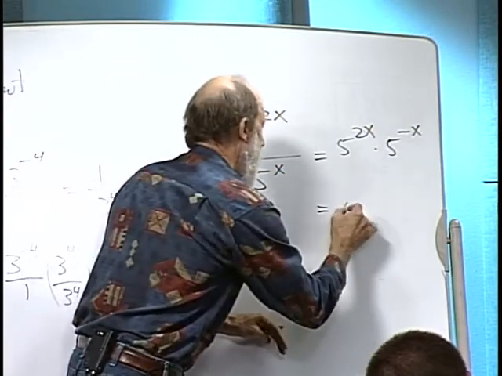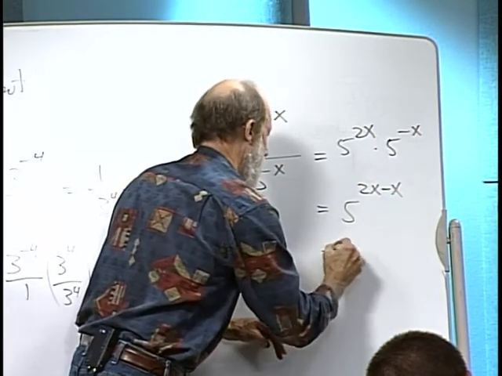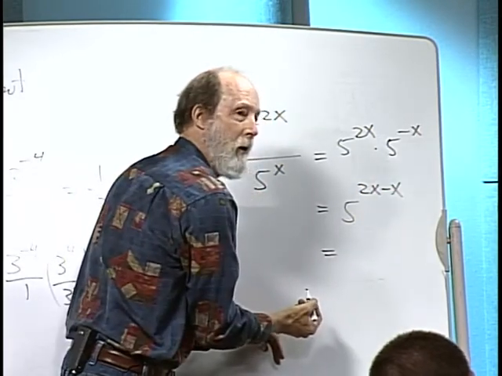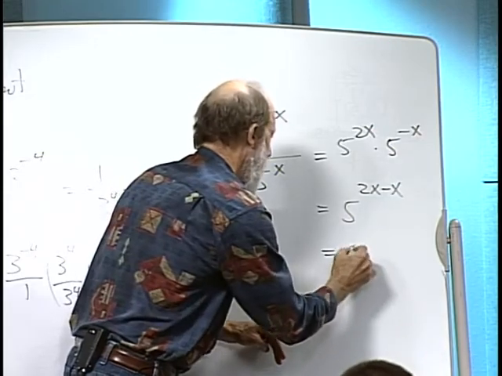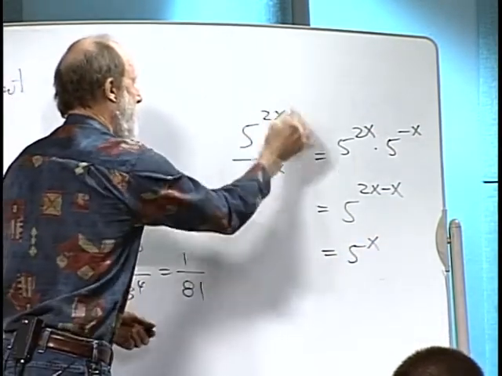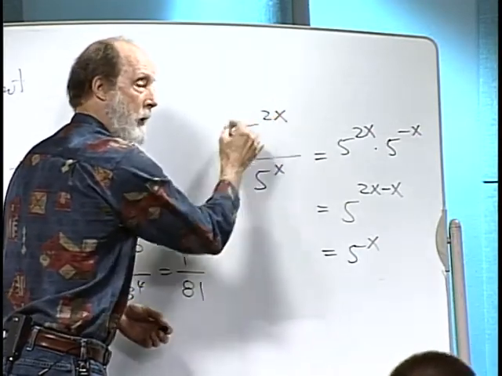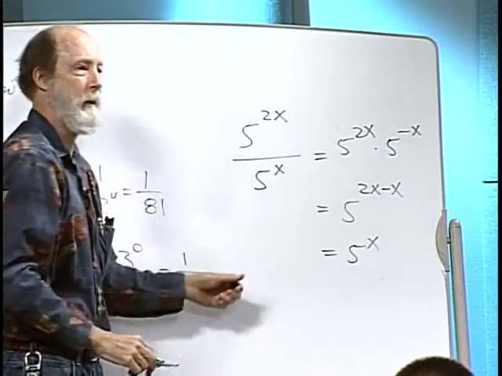So we add those exponents like Todd just mentioned. So 2x minus x is just x, 5 to the x. Okay, so this fraction involving exponential expressions simplifies to that.